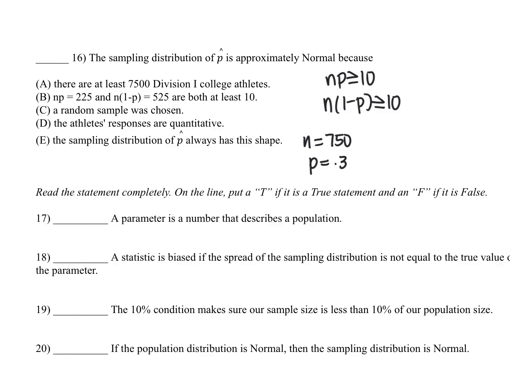So the answer is going to be B. A is the 10% condition, so it's actually testing that they're independent. C would be random. And then D and E are kind of like your throwaway options.